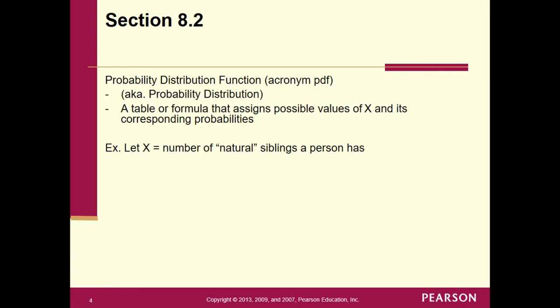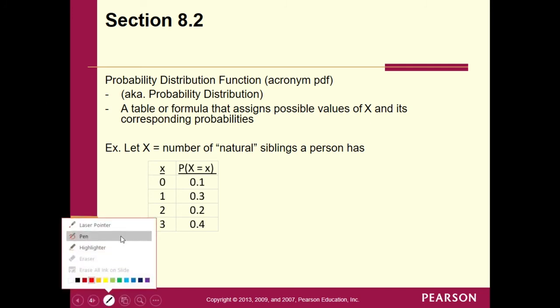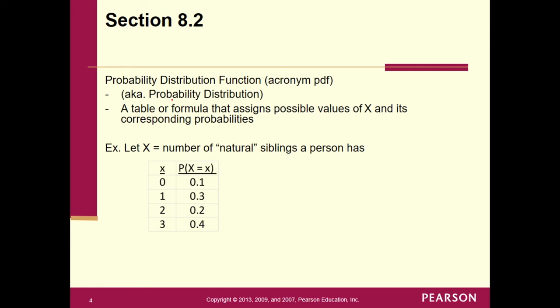So let's say that big X is equal to the number of natural siblings a person has, and so we're not talking about any half siblings, okay? We're talking, either you can have 0 or 1 or 2 or 3 natural siblings. And let's say I went around the room in class and I was able to create this table. Notice that I said that a probability distribution function can be a table or a formula.